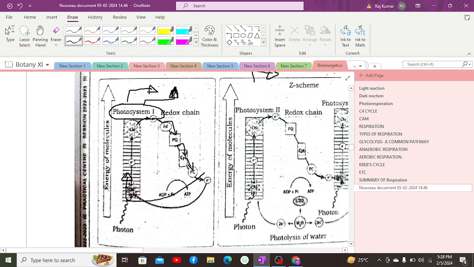Apart from which, the proton gradient which forms here again causes the process of chemiosmosis, due to which an electrochemical gradient is formed, and protons are transferred from the thylakoid lumen to the stroma with the help of CF0, CF1 particles of the ATP synthase complex, or ATPase complex.